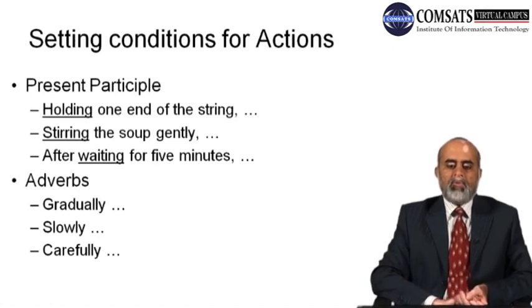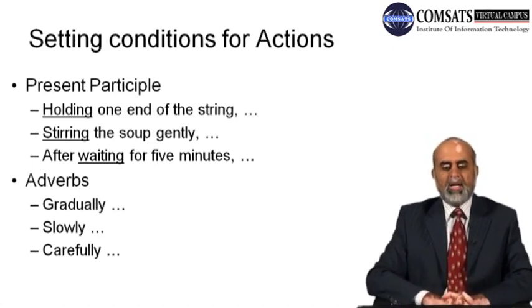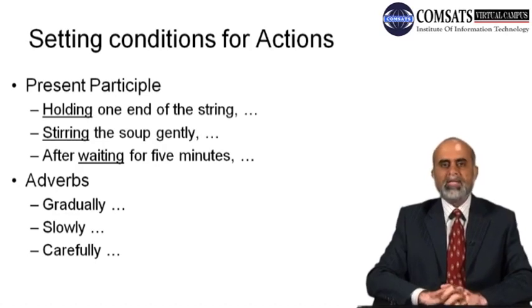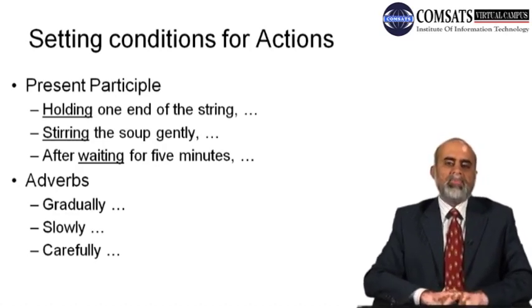Okay, now we move on and we look at how we can set conditions for these actions. One way to set conditions for these actions could be by using a present participle. And what I mean by present participle is simply the ing form of a verb. Like instead of hold, if I say holding, this could be the present participle when it is used as a verb in a sentence.